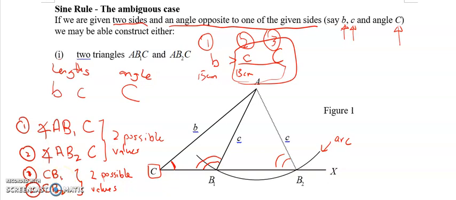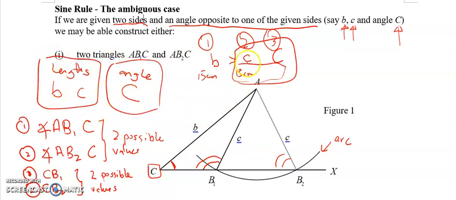So when you do your calculation, you must be able to identify if the question is ambiguous. Let's say the question doesn't give you any diagram, it only gives you two lengths and one angle. Check: if this angle corresponds to the shorter side between the two lengths given, you have an ambiguous case.